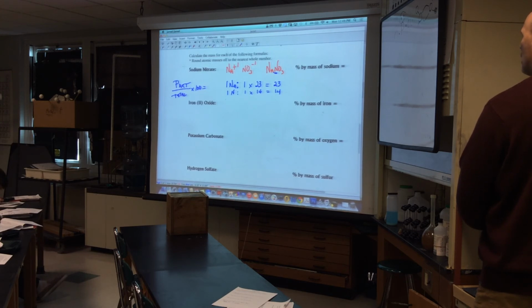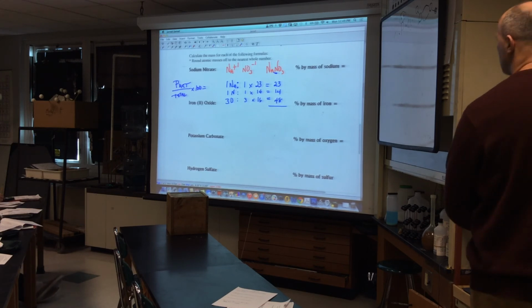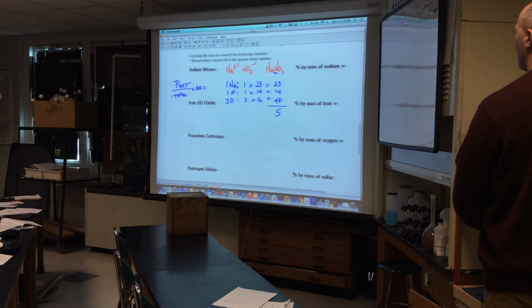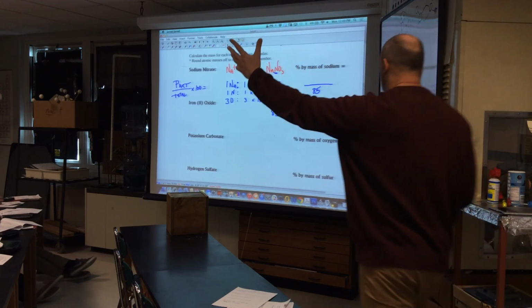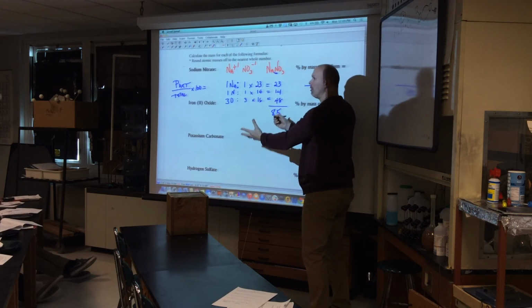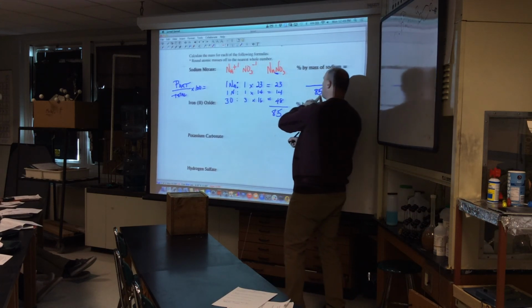Then, of course, I've got 3 O's. 3 times 16 is 48. 23 plus 14 plus 48 is 85. That's the total. That's 85 grams. I'm picking a mole for this to work. So if I had a mole, just using my periodic table, that's my total.